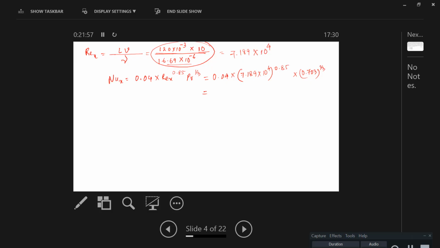How much do you get if you calculate this Nu_x? Please calculate this and tell me how much is Nu_x.